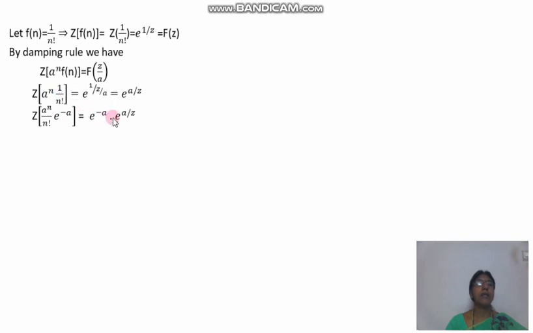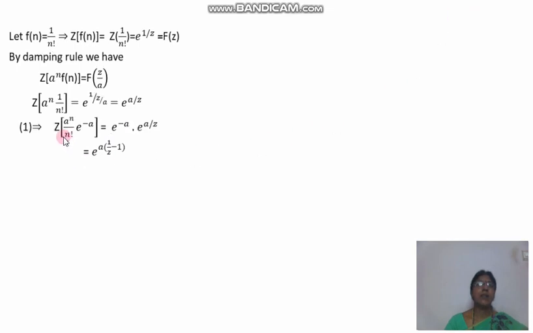That is equal to e power minus a into e power a by z. From the two powers we take a common, so a into 1 by z, minus 1, we substitute. Okay, z transform of a power n by n factorial e power minus a is e power minus a into z transform of a power n by n factorial. Substitute here in equation 1. We get e power a into (1 by z minus 1). Okay, this is this problem. Now we see the next one.